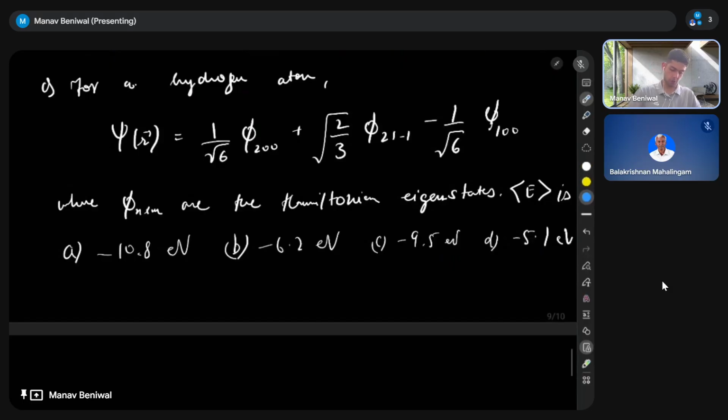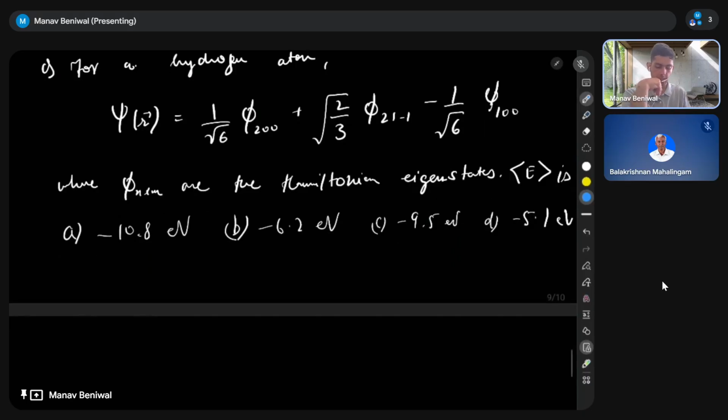Okay, so now we have a wave function which is written as a linear combination of three eigenstates, right? So our wave function is a combination of phi 200, phi 1 minus 1, and phi 100, all with different prefactors, right? 1 by root 6, root 2 by 3, or 1 by root 6. So first of all, let us check if the wave function psi of r, which is given to us, is normalized.